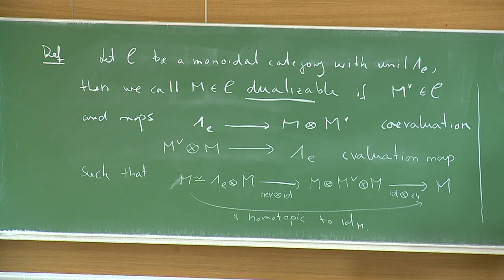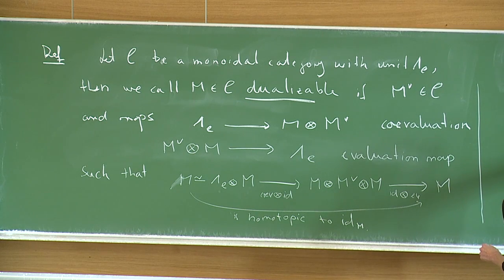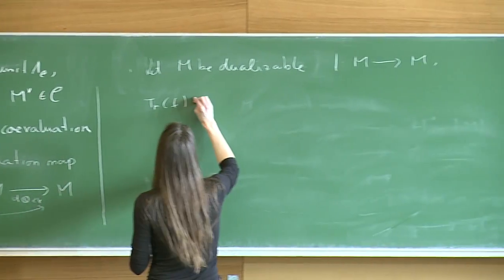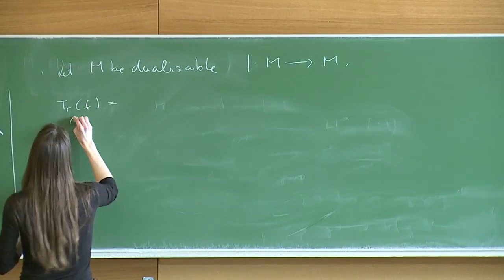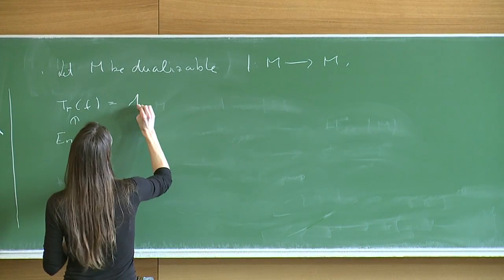So now if we have an endomorphism of a dualizable object, we can define its trace. Given a map F from M to M, the trace of F is an object in the endomorphism ring of the unit object of C. And it's given as follows.